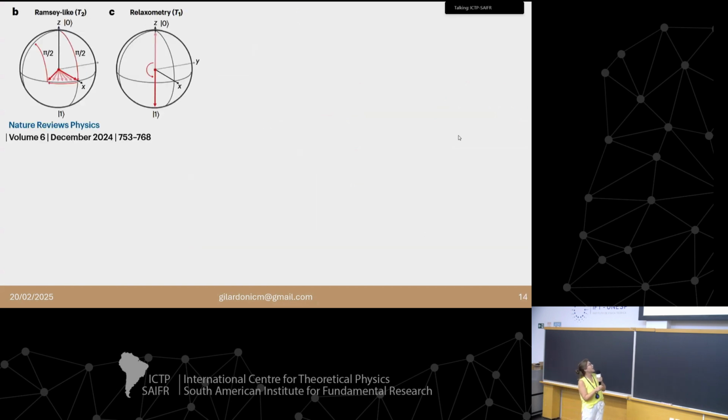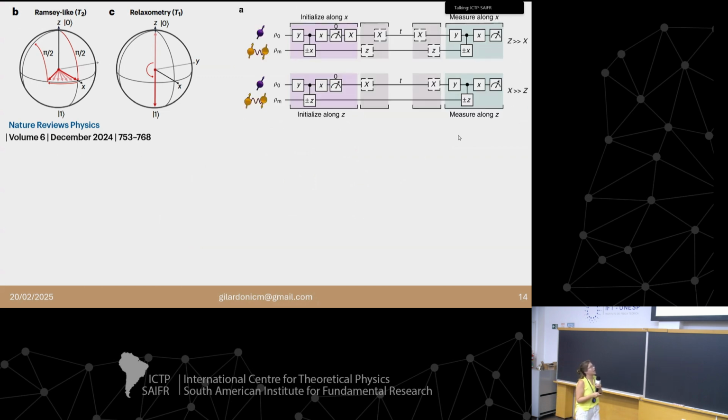So if you want to do that, you can either use Ramsey type interference, which Danielle has introduced very extensively, and I'm very thankful for it, or you can use relaxometry, where you actually measure how likely your system is to relax, right? So how likely the spin is to relax. And that gives you a measure of spin noise, of magnetic noise. So you can use that to detect different types of magnetic noise, and whether paramagnetic impurities, for instance, are more abundant or less abundant in the environment, right?